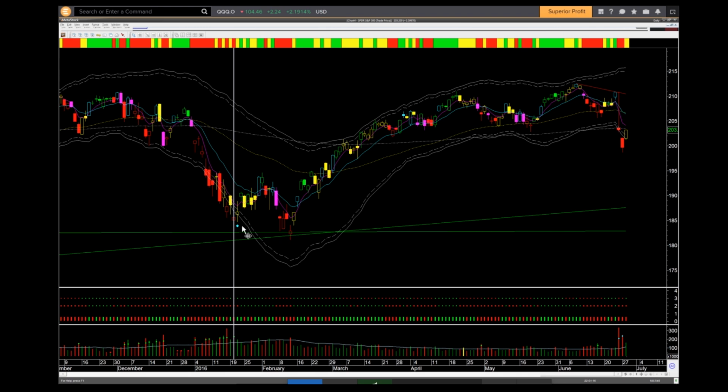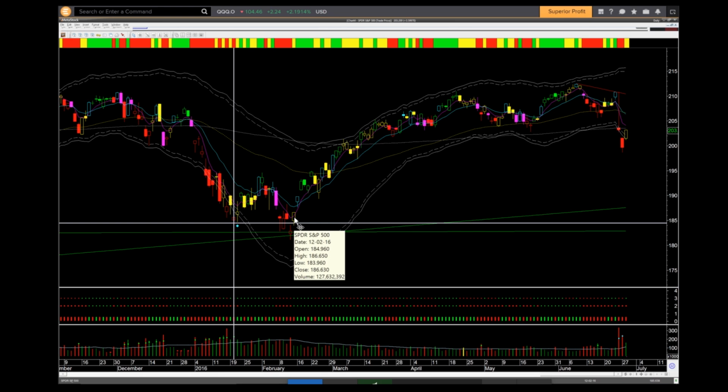We see now it made a double bottom on 11th February. On 12th February, it went up. So if we draw a horizontal line, we will see that it penetrated the low, the first low on this day, but it came back up on the next day and it turned yellow.